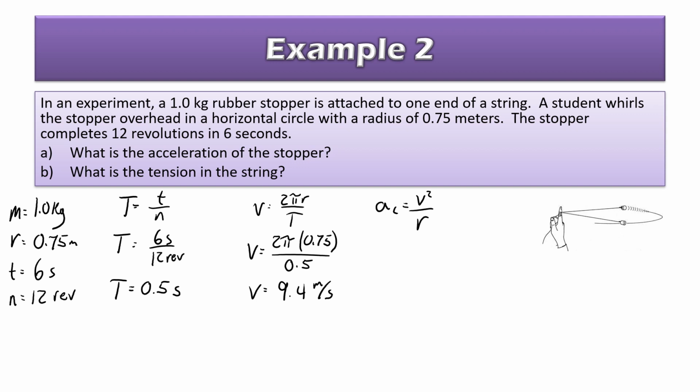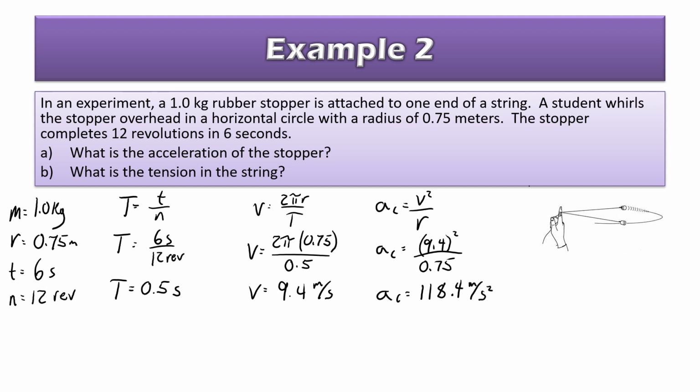Okay, now we know the velocity, so we can calculate the acceleration. So this is the new thing for today. a_c is equal to v squared divided by the radius, 0.75. So the centripetal acceleration is 118.4 meters per second squared.